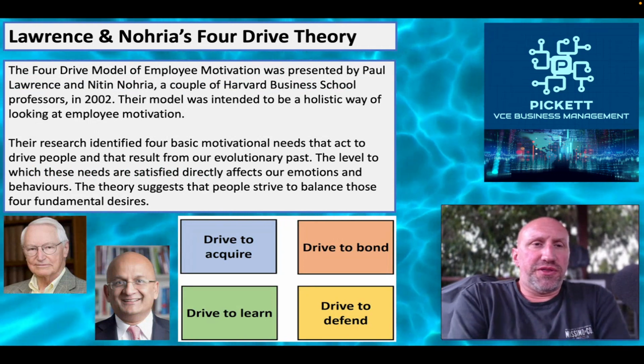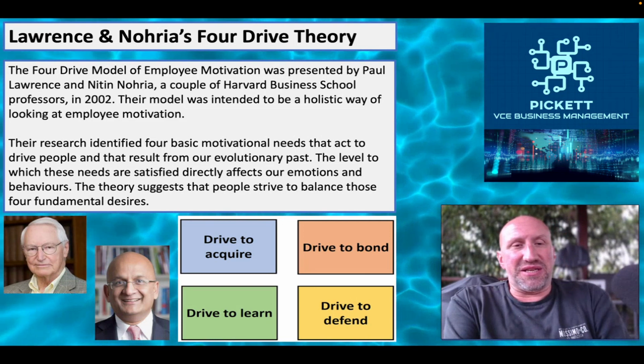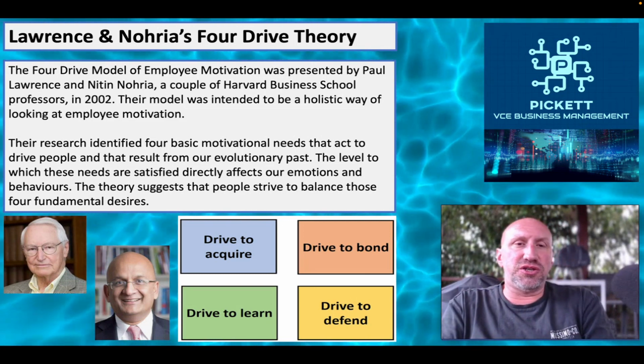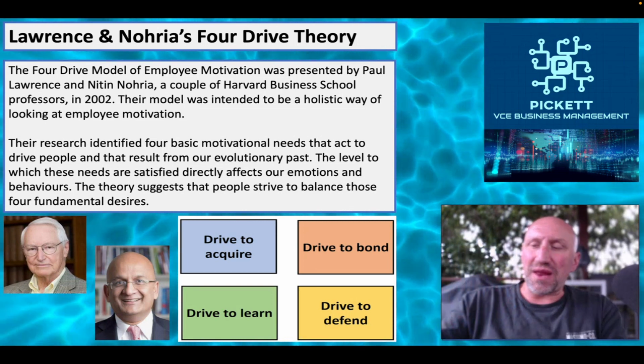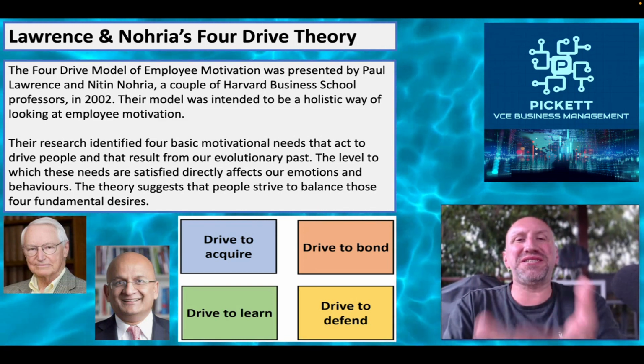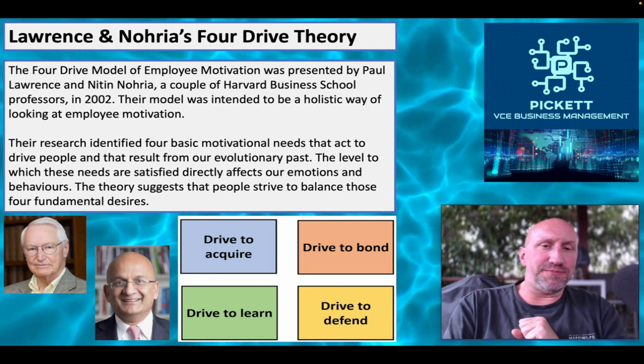Now, the third and final theory, Lawrence and Nohria's four-drive theory. Okay, so this one, again, later, 2002, by a couple of Harvard Business School professors. Now, what they were looking at is a more holistic way to motivate employees.